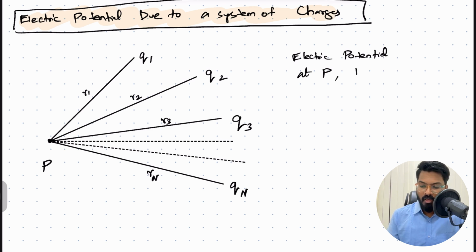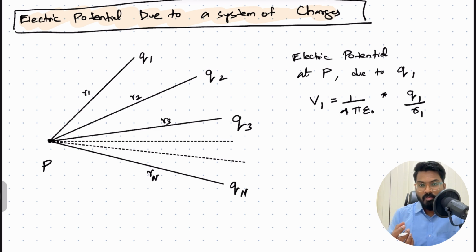Now as a result of that, I will do this for Q1 first. So let's call that V1. It's given by, we know the formula for that, 1 by 4 pi epsilon naught into the charge itself by the distance.